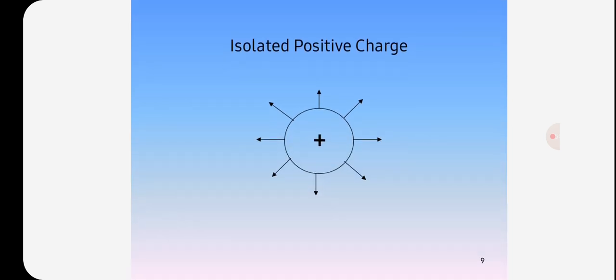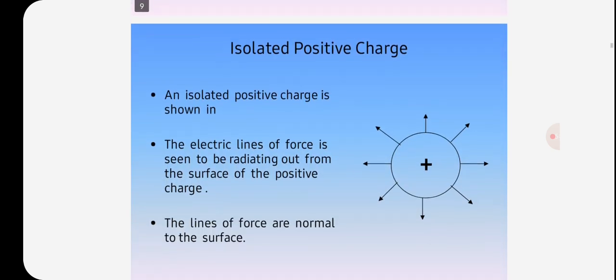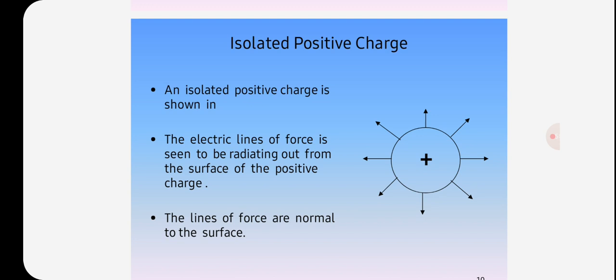Here, this image is for an isolated positive charge. An isolated positive charge is shown in this figure. The electric lines of force are seen to be radiating out from the surface of the positive charge. The lines of force are normal to the surface.